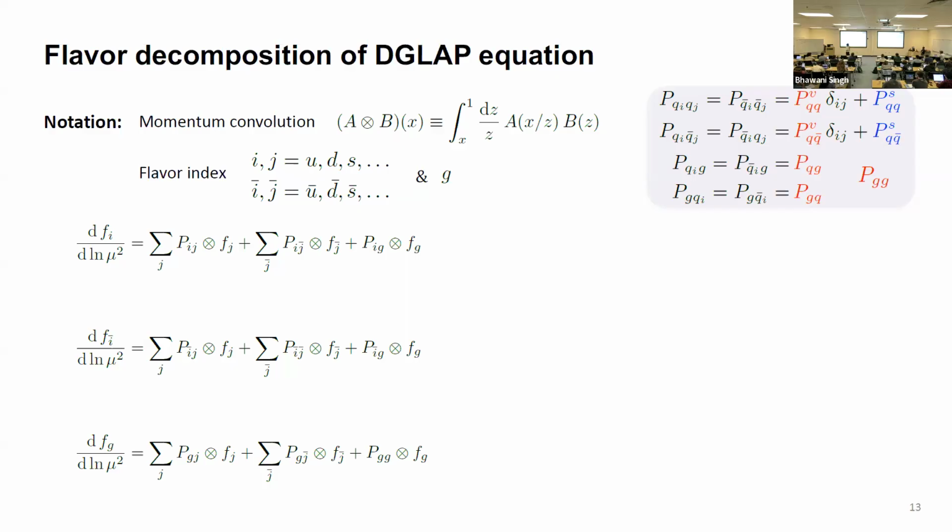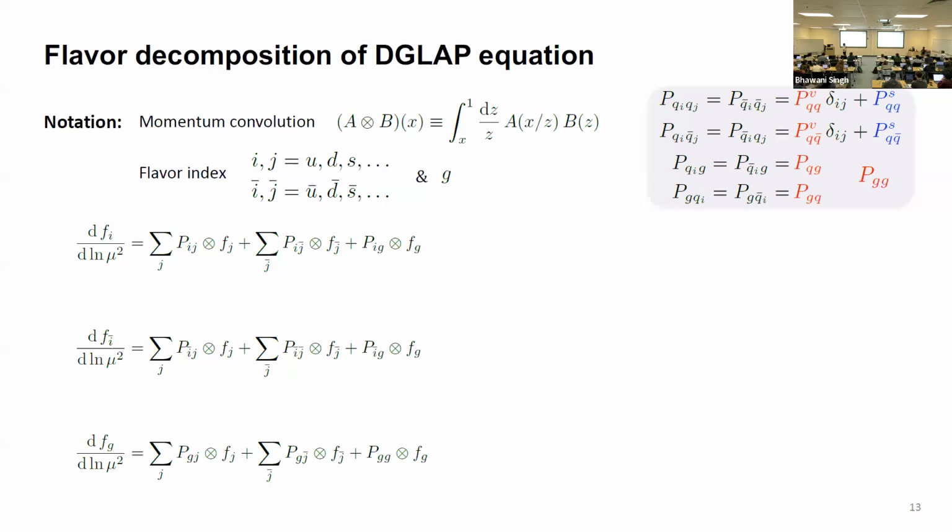And for labeling the flavors, I use i, j to label the quarks, U, D, S, and i bar and j bar to indicate their antiflavors, and g indicates the gluons. So for the evolution of the quark PDF, we have 3 terms. The first term is the mixing with other quarks.